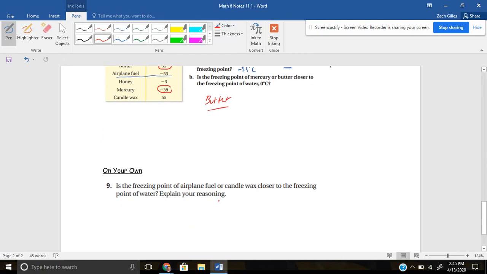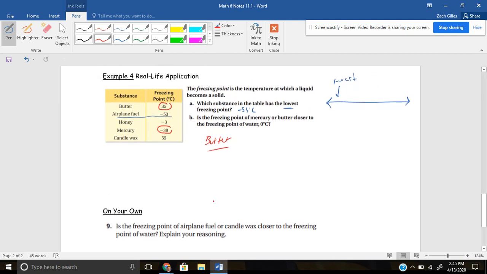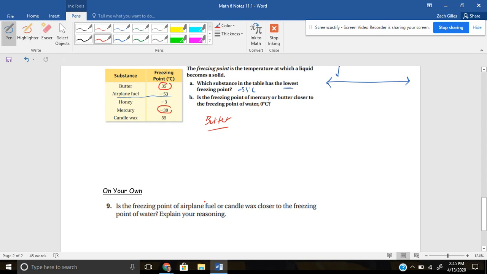All right, try the last on your own here. It says, is the freezing point of airplane fuel or candle wax closer to the freezing point of water? And explain your reasoning. So I have airplane fuel, which is negative 53. The absolute value of that would be 53, so it's 53 away from water, versus candle wax, which is 55.